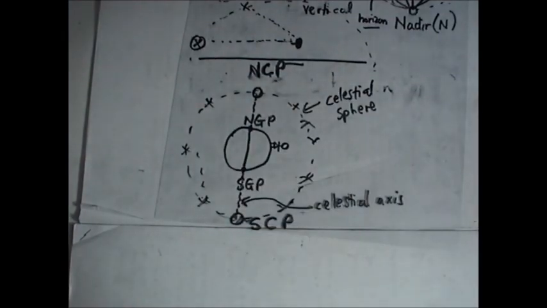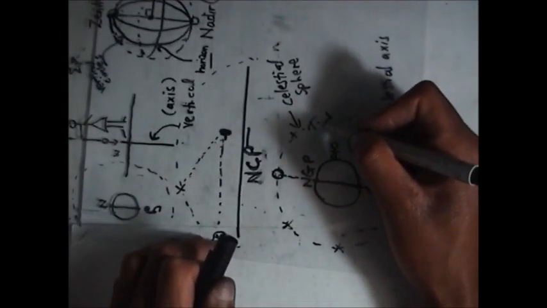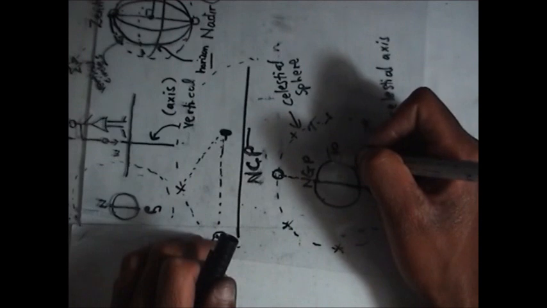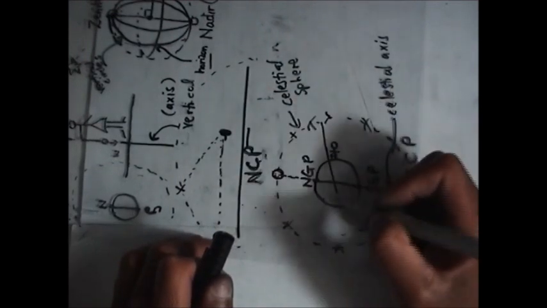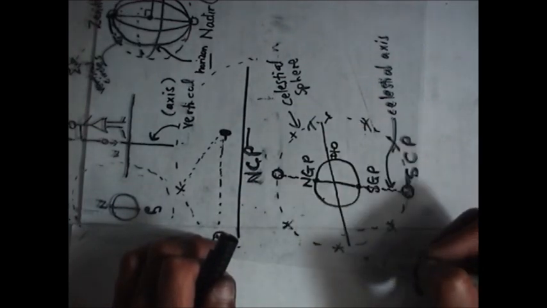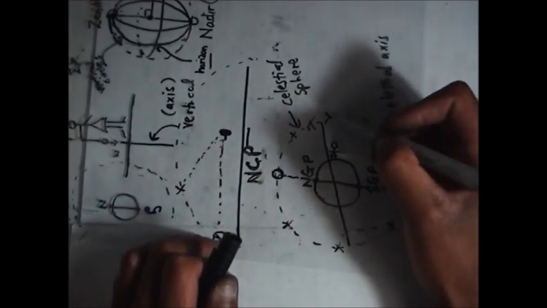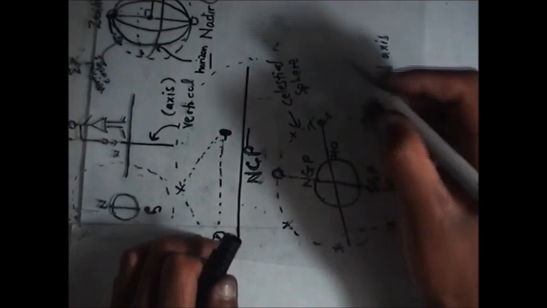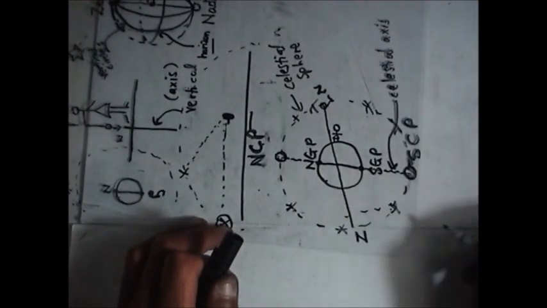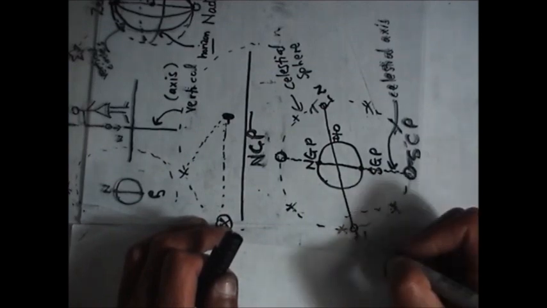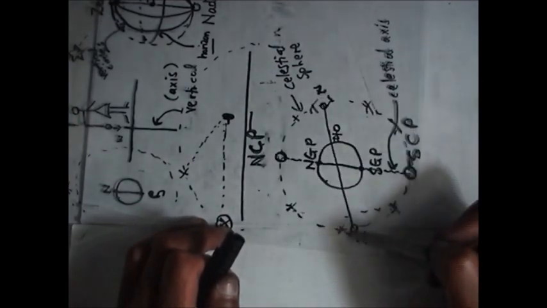According to that observer, her vertical will be something like this. So she's going to extend her axis to be like this. And you know, the vertical axis cuts the celestial sphere at the zenith and the nadir.